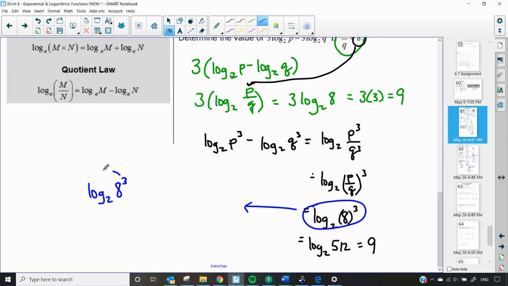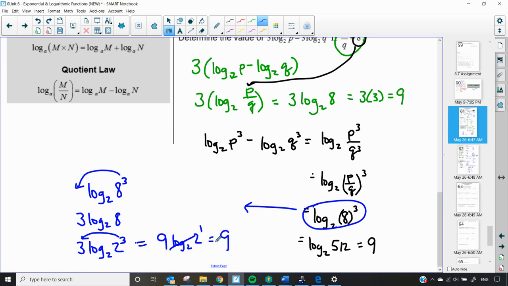The 3 will come forward. Now, 8 can be written as base 2. So log base 2 of 2 cubed. The 3 is going to come forward. 3 times 3 is 9. And we've got log base 2 of 2, which is equal to 1, which also gives us 9.